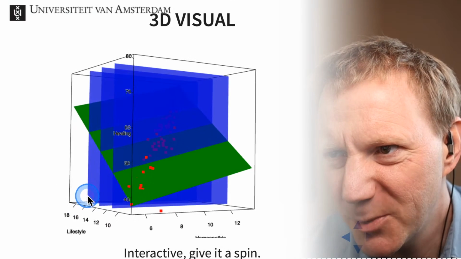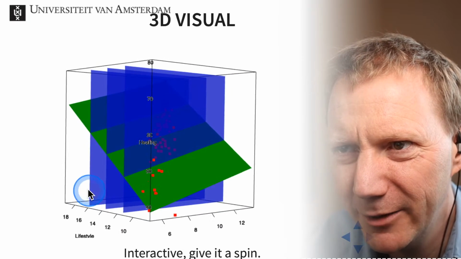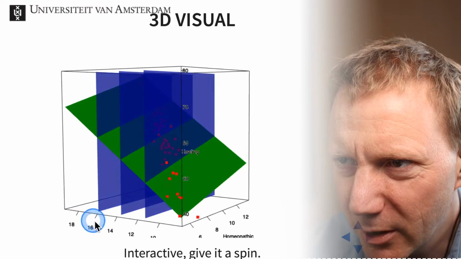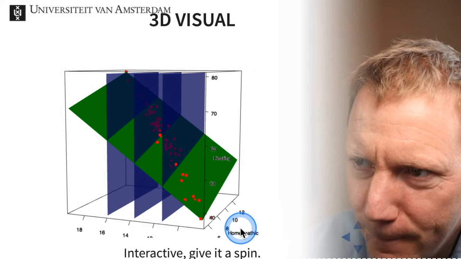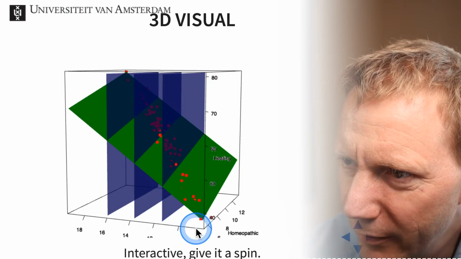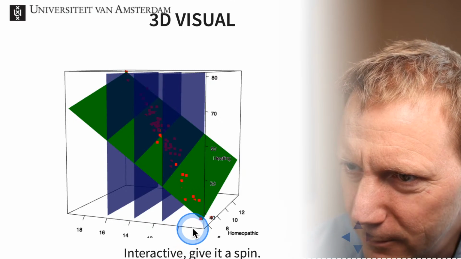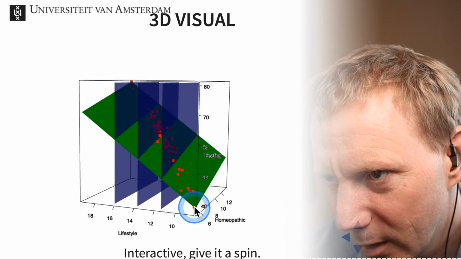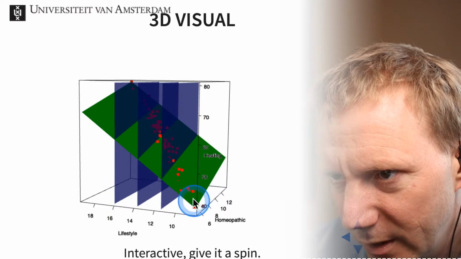So the special and interesting thing here is that while your healthy lifestyle goes up, your speed of healing also goes up. So with a low healthy lifestyle, your speed of healing is low. That's what we see here. A low healthy lifestyle, low speeds of healing.